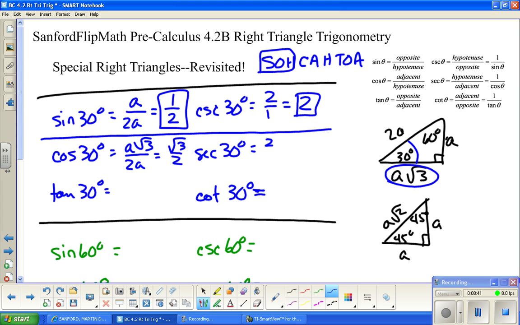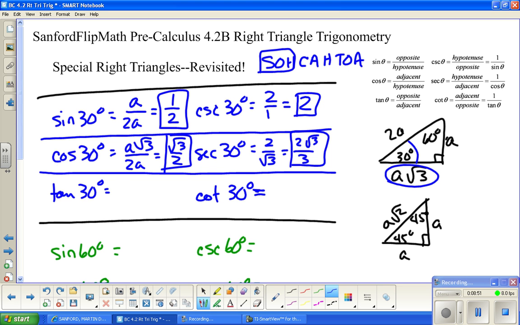Now, if I do the reciprocal of that, and then rationalize, now, if at any point this starts going too fast, just pause, make a note. But all of these values are values that you need to know, and need to be able to get quickly. Now, if you know your 30, 60, 90 triangles, then it goes fairly quickly.